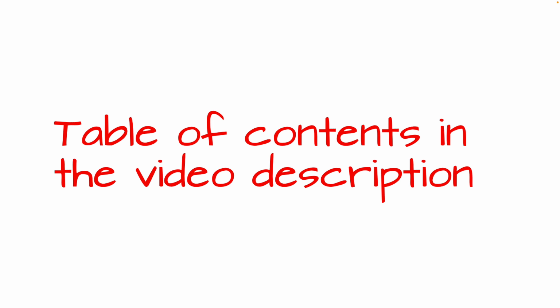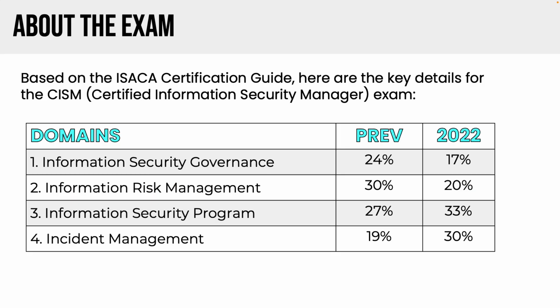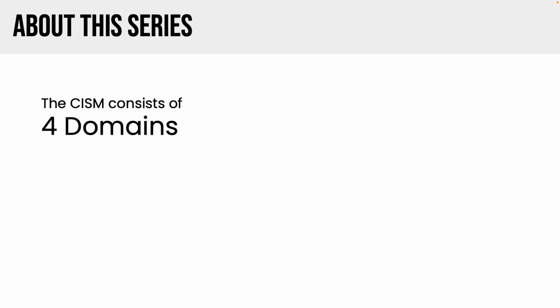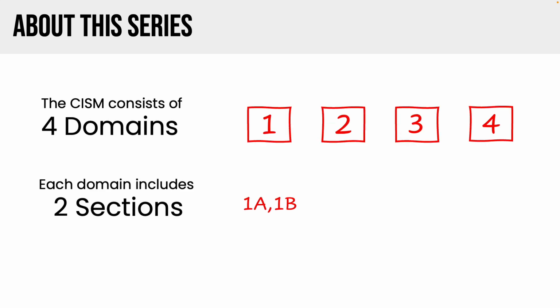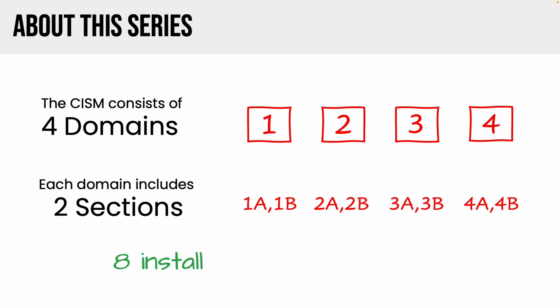So we are in the fourth and final domain, which is incident management, and as you probably know at this point, we divide each of those domains into a Part A and Part B, aligning with the syllabus.